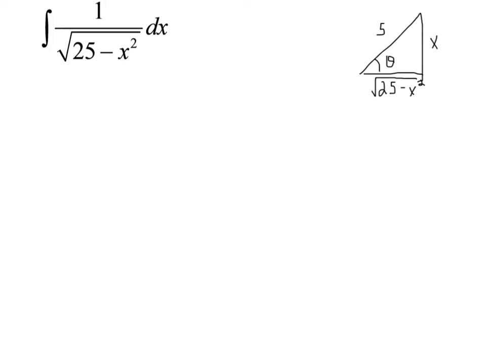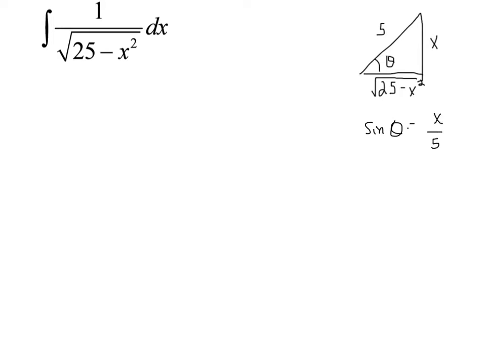So now I like to write down what I know about trig using the two pieces. I like to avoid using the side with the square root. So of course I have an opposite and a hypotenuse, so we're talking sine. The sine of theta is equal to x over 5.